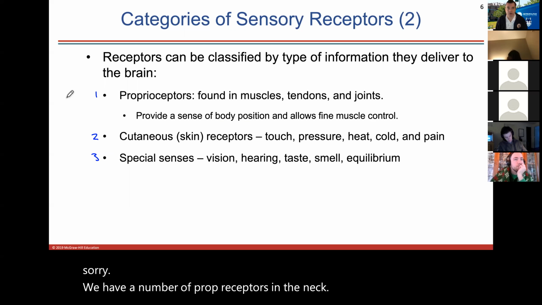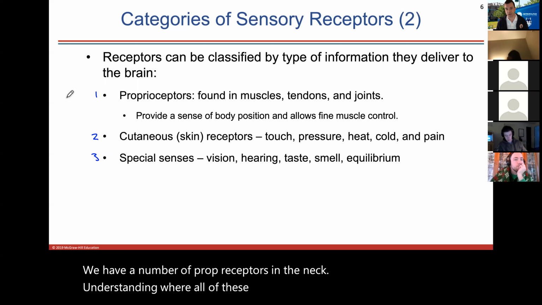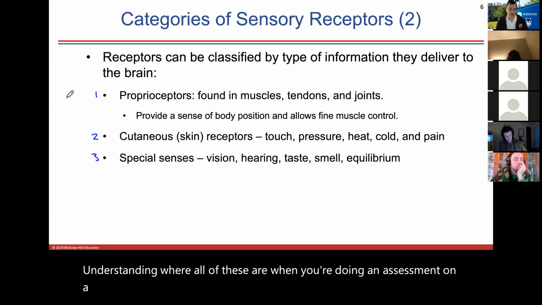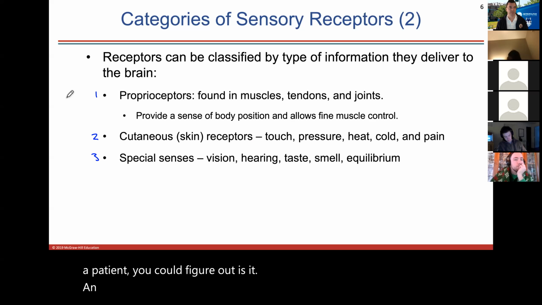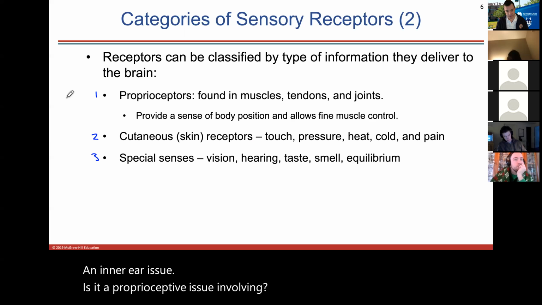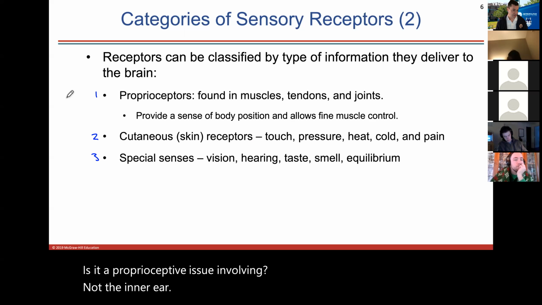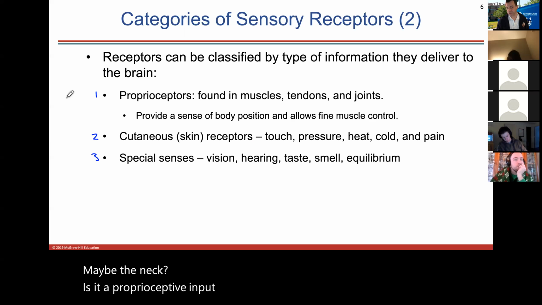Understanding where all of these are, when you're doing an assessment on a patient, you could figure out: is it an inner ear issue? Is it a proprioceptive issue involving not the inner ear, maybe the neck? Is it proprioceptive input regarding body position, joints?